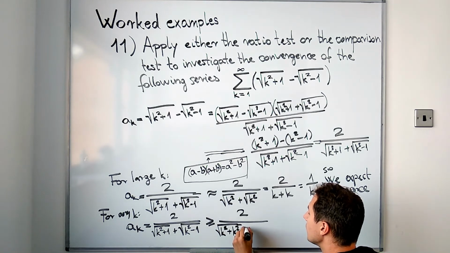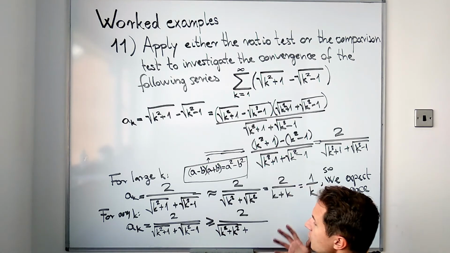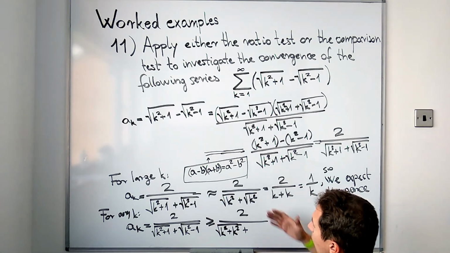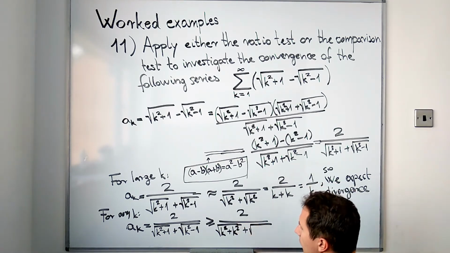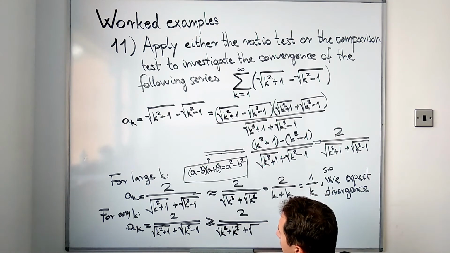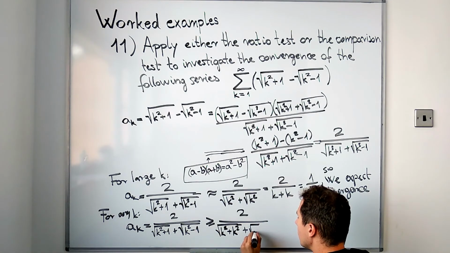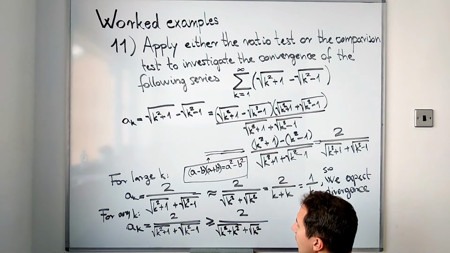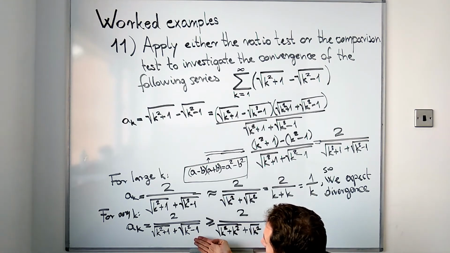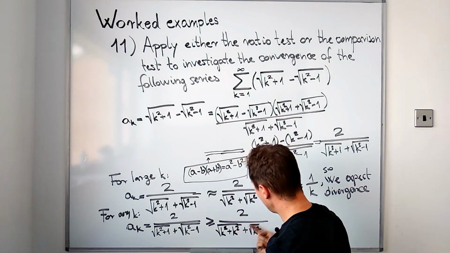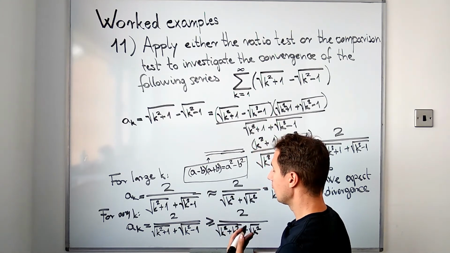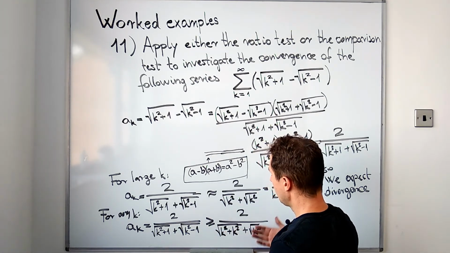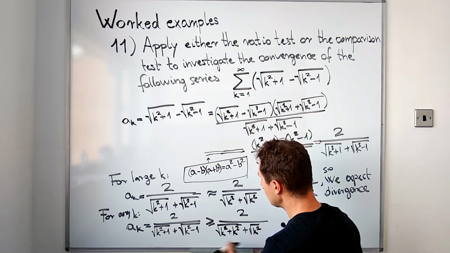That definitely is going to give us a larger denominator and a smaller ratio. What about the other term? There, simply removing the minus 1 will give us a greater number, since the square root of k squared is greater than the square root of k squared minus 1, so the ratio is again getting smaller because we increase the denominator.